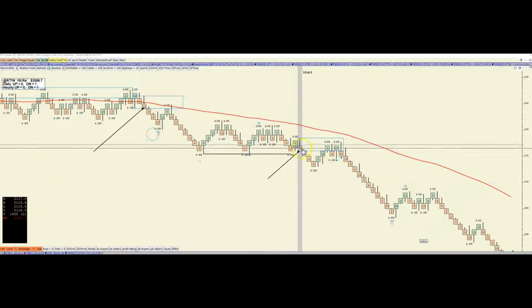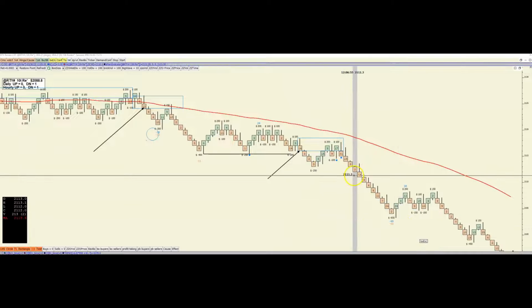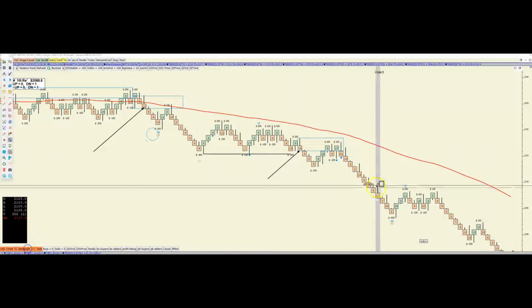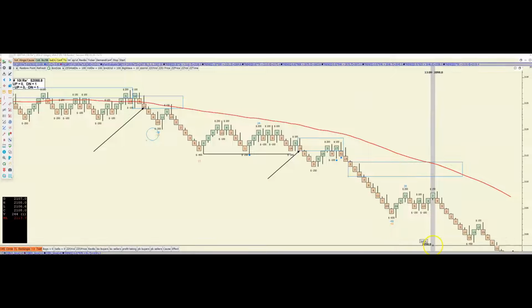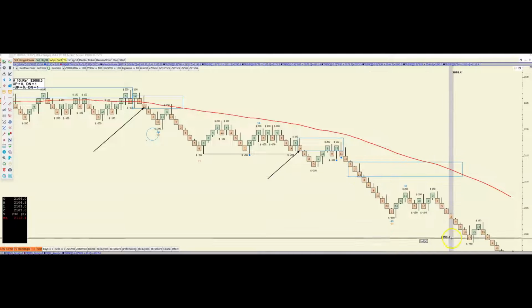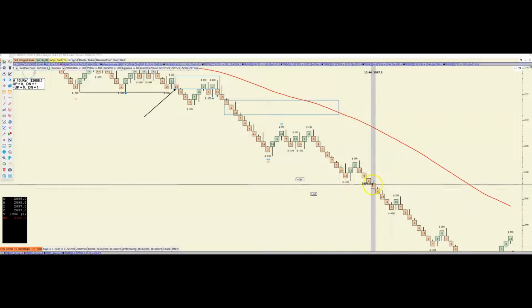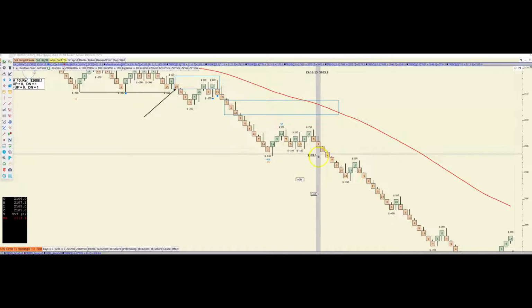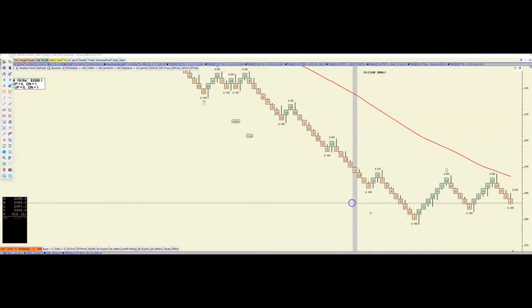Break, fall through, hold, test, break. That didn't get tested, but that was the break. A little break here, nothing here, break right there.